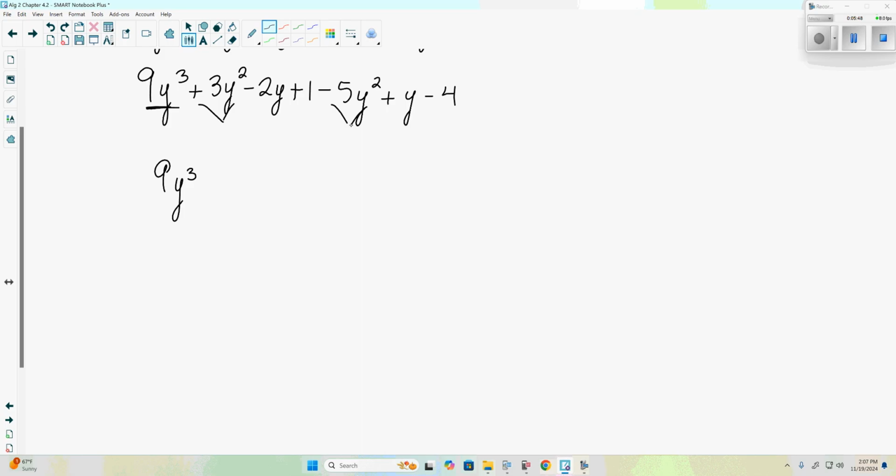Because 3y squared minus 5y squared is indeed negative 2y squared. Then we can move on to our y terms. Negative 2y plus y. Negative y. And lastly, 1 minus 4, negative 3.